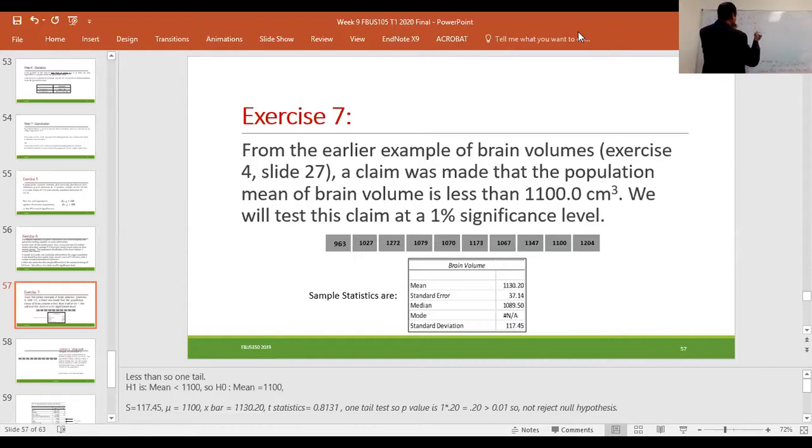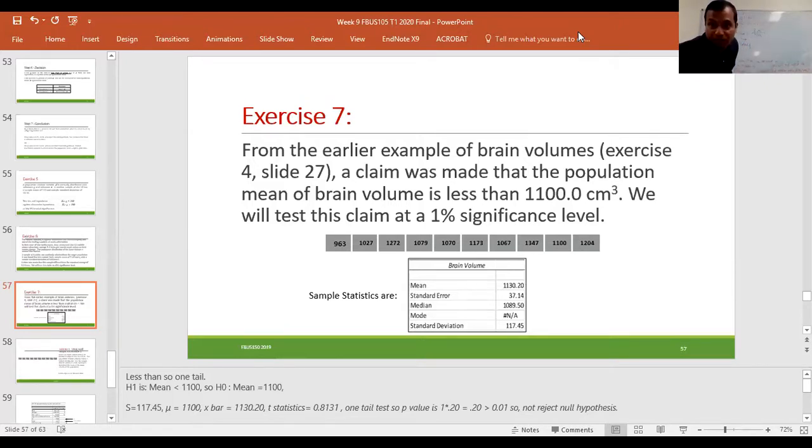So I'm writing the claim here: mu naught less than 1100. This is important. The claim is that the population mean of the brain volume is less than, see the sign, less than 1100 centimeter cube.